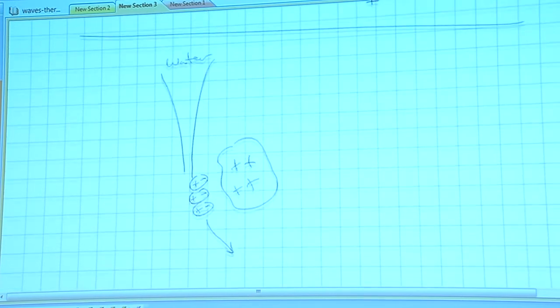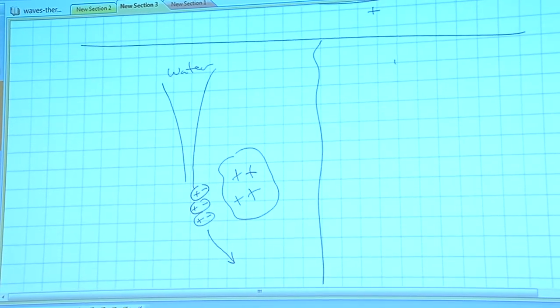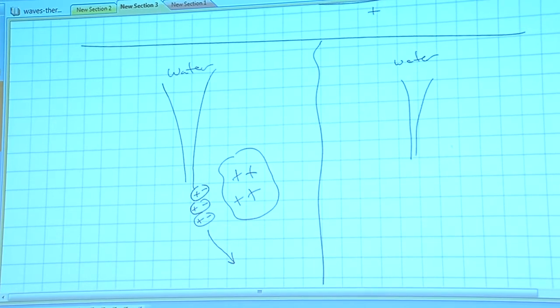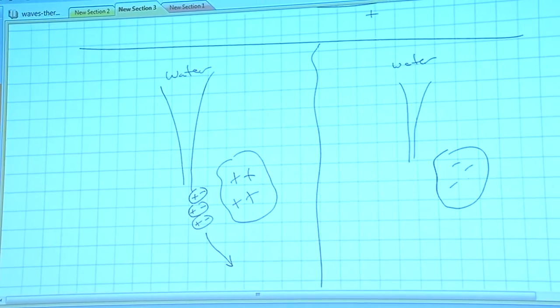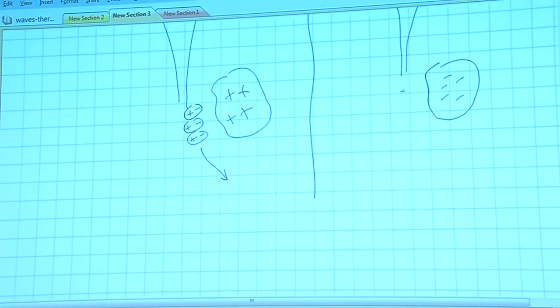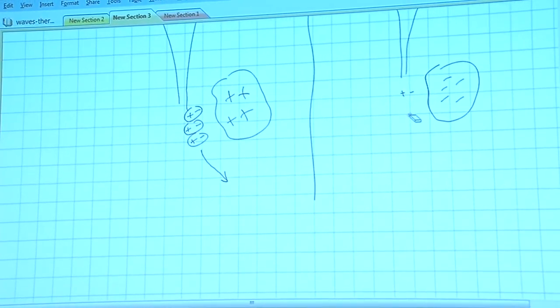And if we bring up a negative charge, balloon or something, then they rotate the opposite direction, right? They rotate sort of into this orientation.